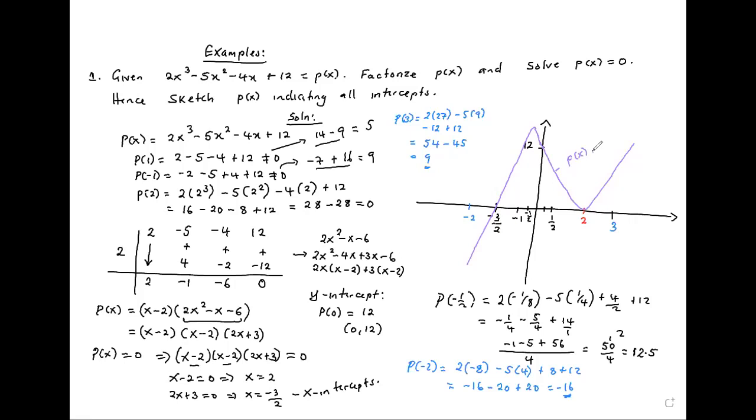So we have more work when we discover that the polynomial has only 2 zeros and yet is to the power 3.